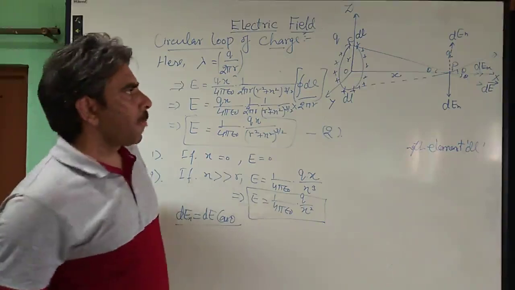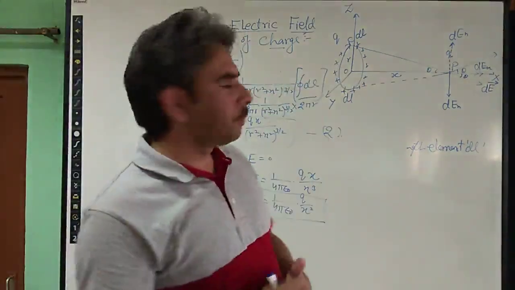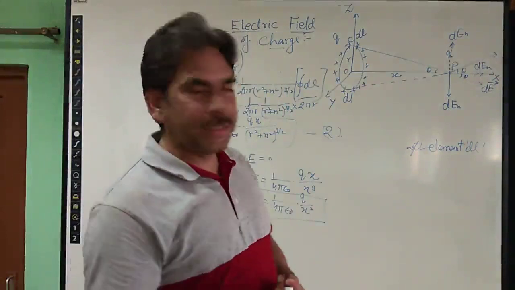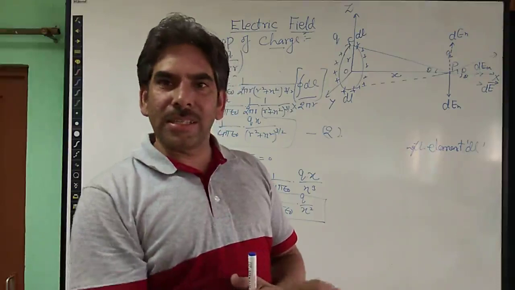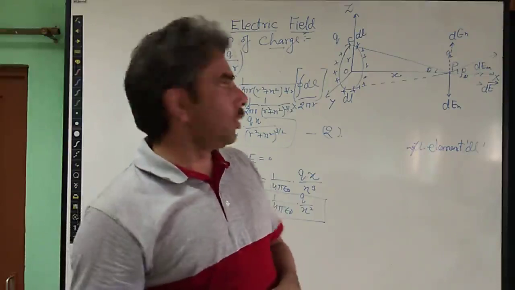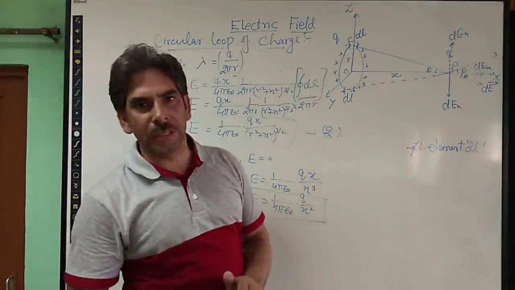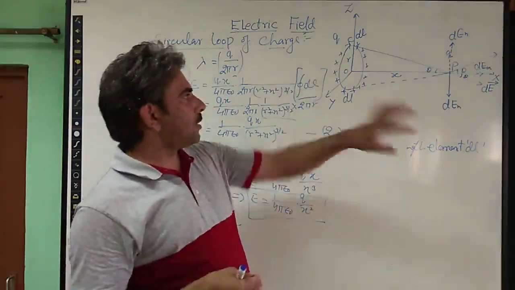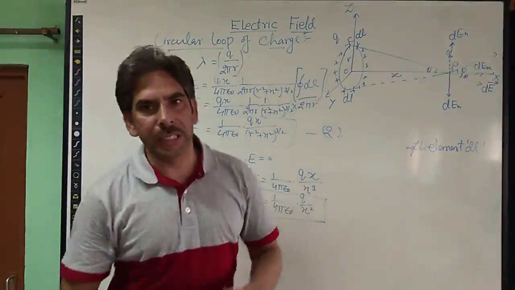So that means whenever we place a charge on the axis of a circular loop of charge, it just moves over the axis of the loop and not in any other direction. And if we place the charge at the center, it moves nowhere. It may be a positive or a negative charge.